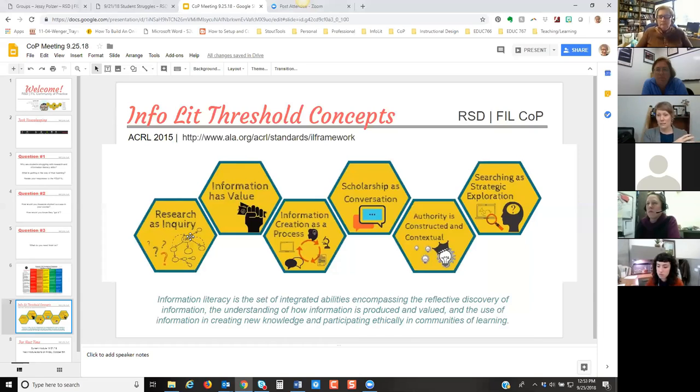So maybe you support them in the preliminal stage by having them reflect on what they already know, what they already do, which we've kind of talked about. Then you might scaffold them through some learning activities that try to open up the fact that research is inquiry. Within those threshold concepts, there will be attributes you can look for, so again, more assessments to see that they're moving through that.